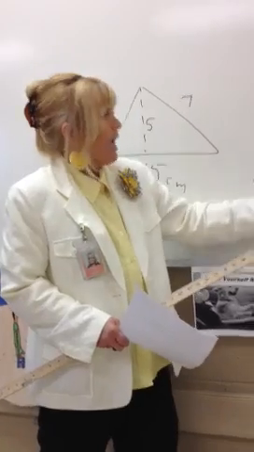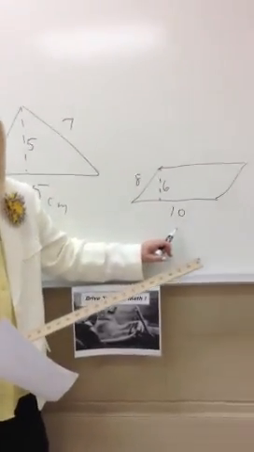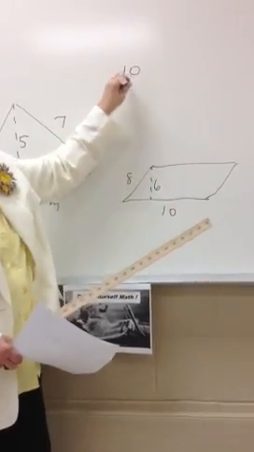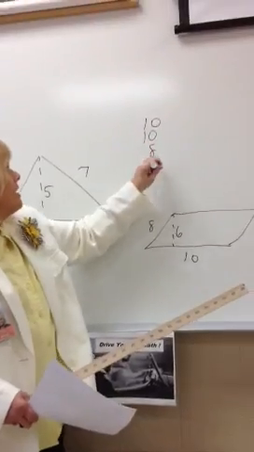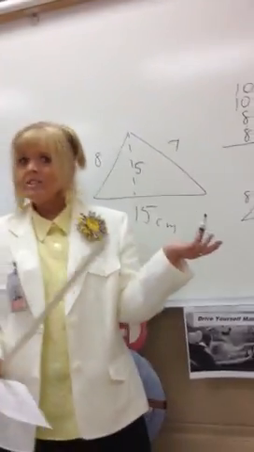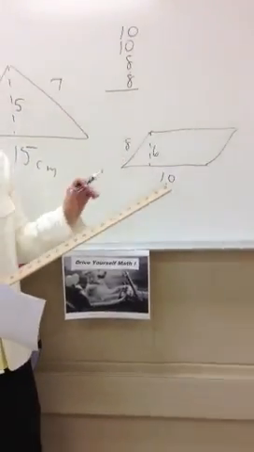You'd add 10 plus, if that side is 10, what's that side? 10. So you'd add 10 plus 10 plus 8 plus 8. Now, would you add the 6? No, because it's not one of the sides. It's actually the height.